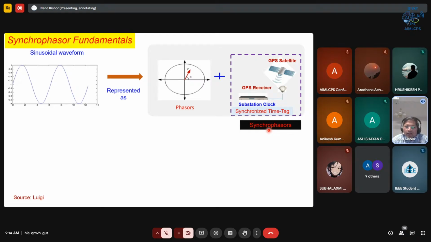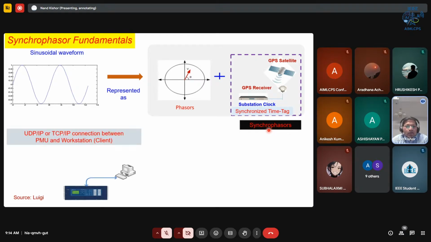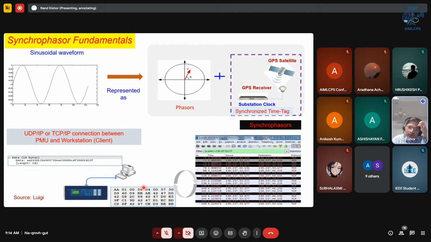There have been some devices developed in the market, and I hope you are well aware of those devices. We call them phasor measurement units. With those devices, it is possible to have the signals for real-time monitoring of the power grid.